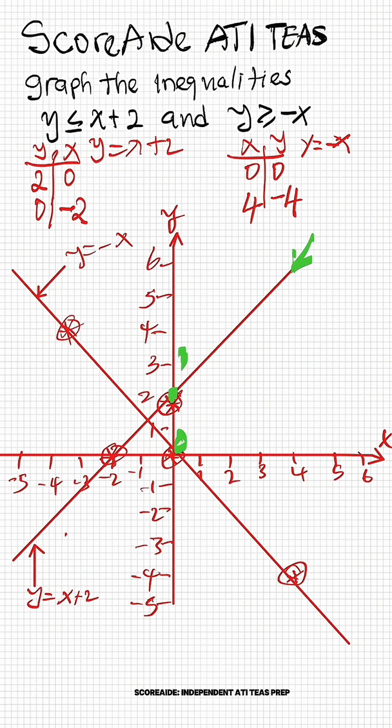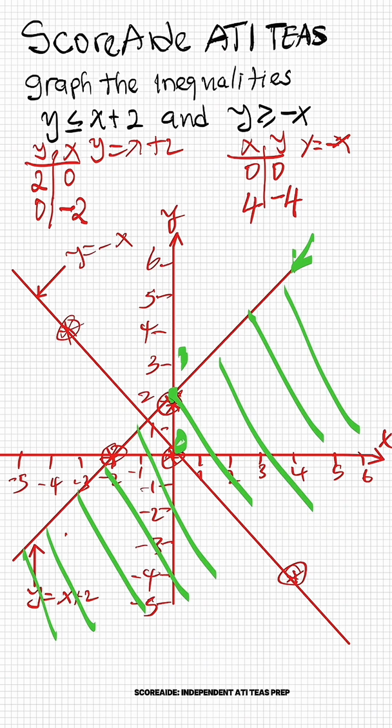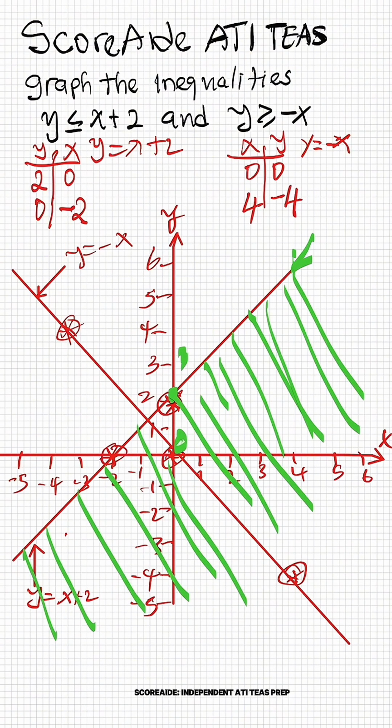Therefore, y values that are less than that line fall below the line, because below here, those y values are less than or equal to those up. Are you seeing that? And the line is included. So that is the region that satisfies this particular inequality.